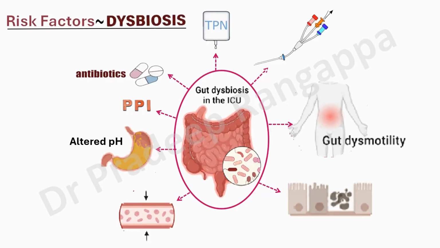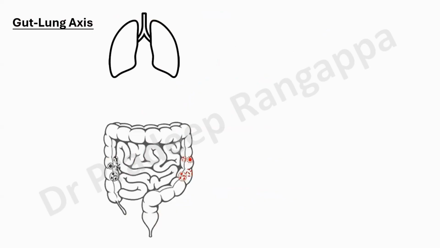So now, what does this gut dysbiosis do? There is a whole science that has evolved which says gut dysfunction leads to your lung problems and it causes brain dysfunction. It can cause kidney problems. So they called it an axis, the different axes that happen. The one is called the gut-lung axis. So here, as you see, the gut is affected with the translocation of bacteria.